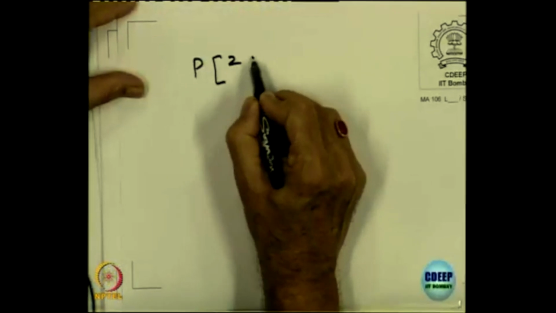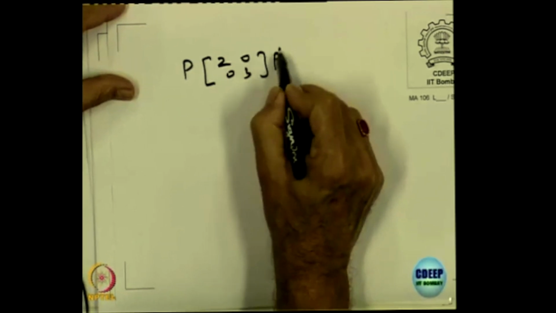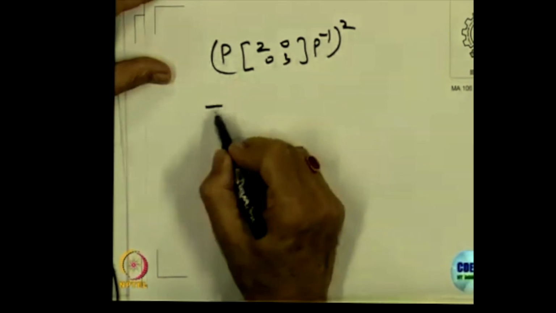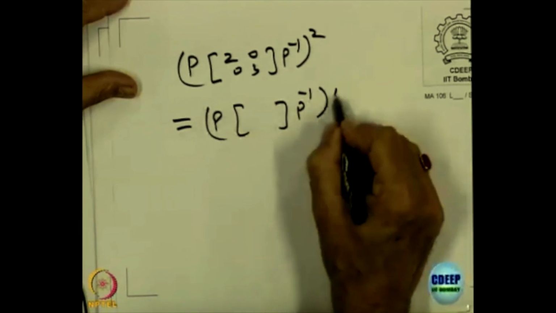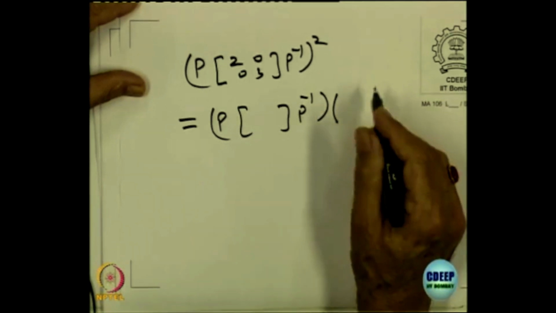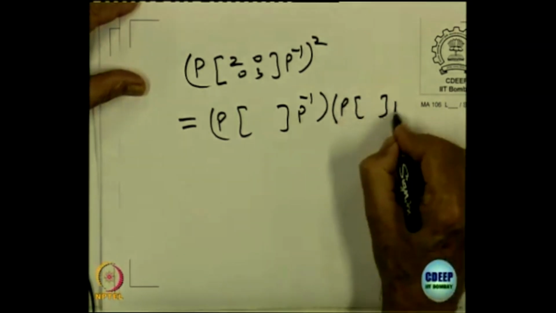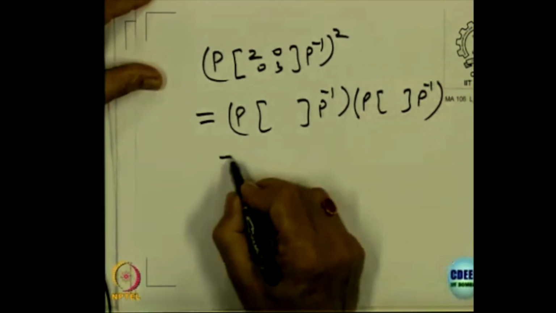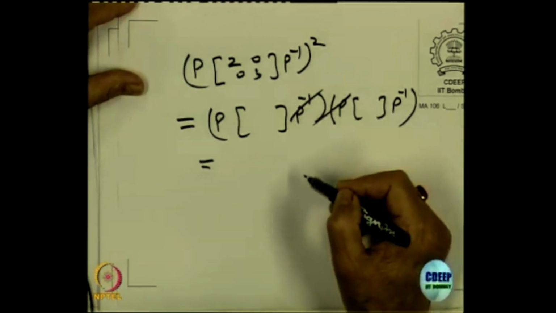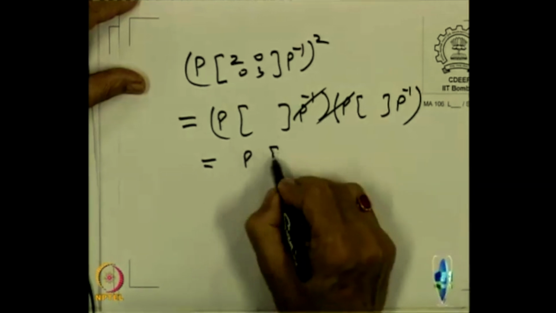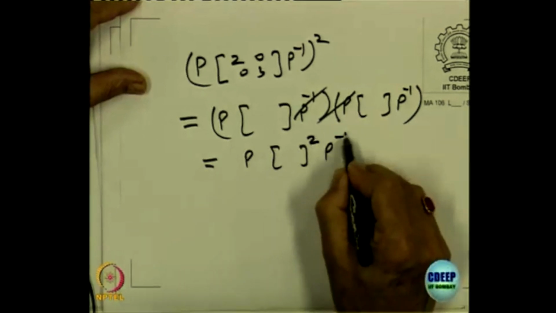Let us compute it for the square first, and then you will see what is happening. So let us look at P 2, 0, 0, 3, P inverse, squared. That is P, this matrix, P inverse, multiplied by itself. So what I get is P, this matrix squared, P inverse.